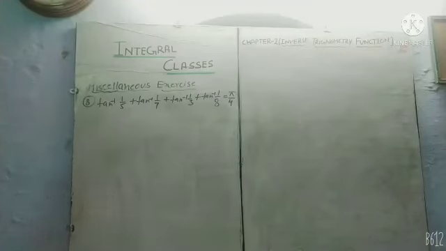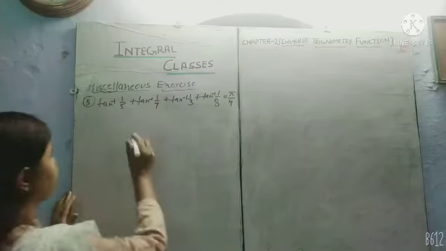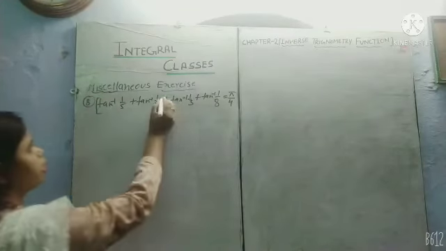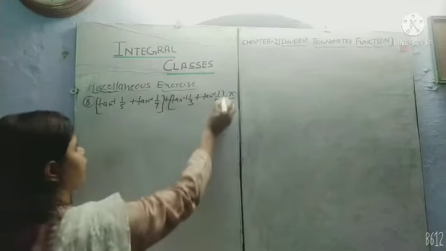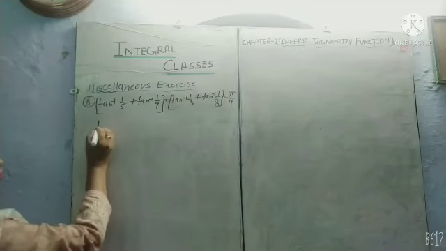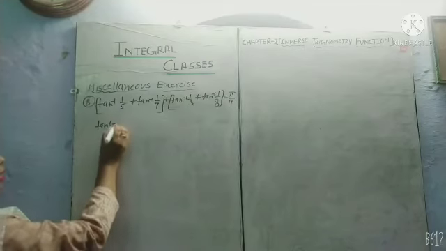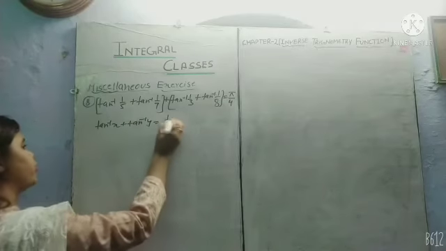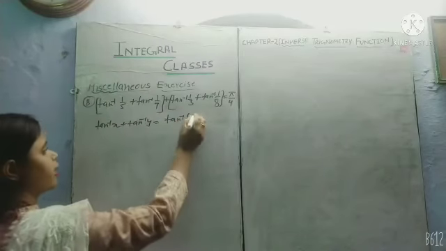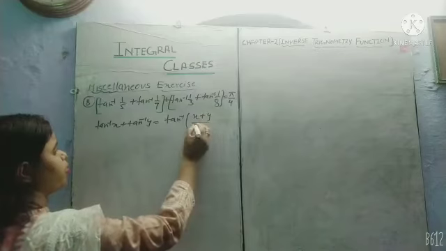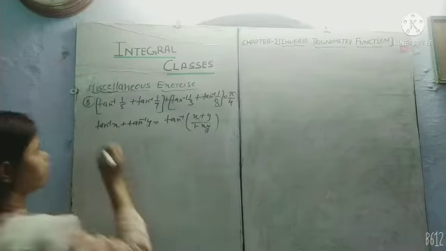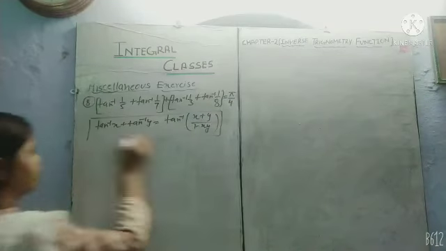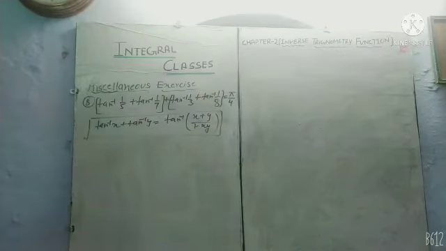Question number 8. Again we will do pairing first and apply the formula tan inverse x plus tan inverse y equals tan inverse of (x plus y) upon (1 minus xy). This formula we will apply in both pairs.